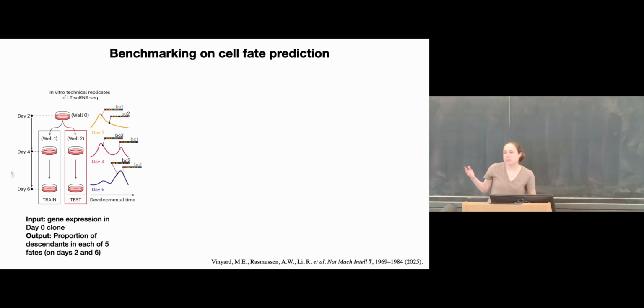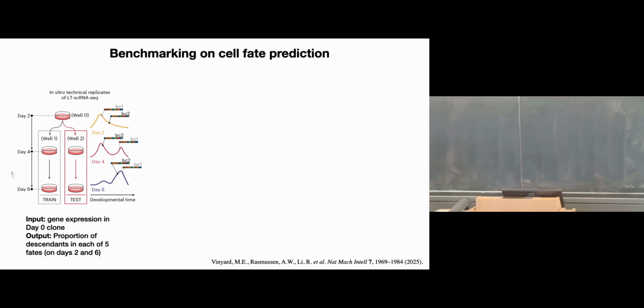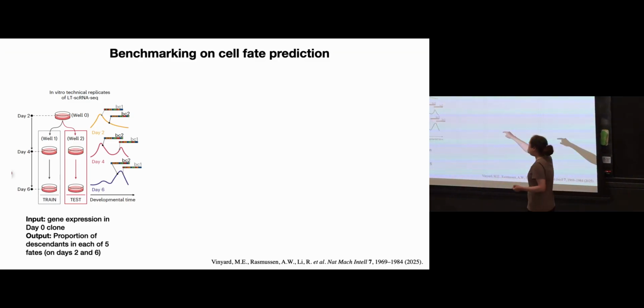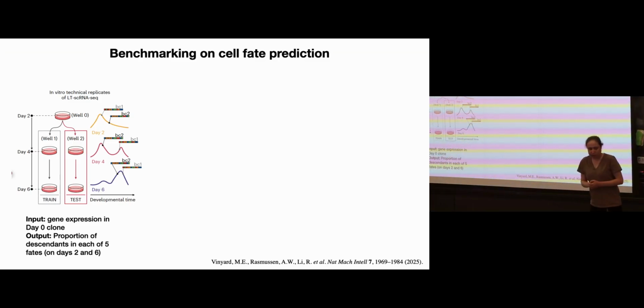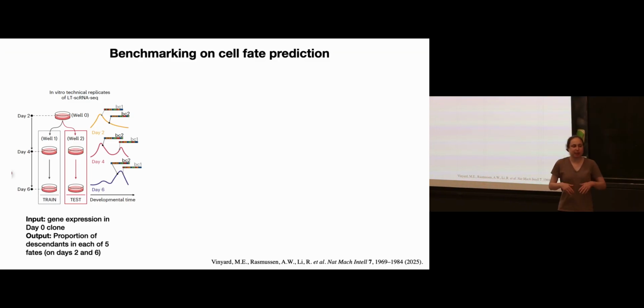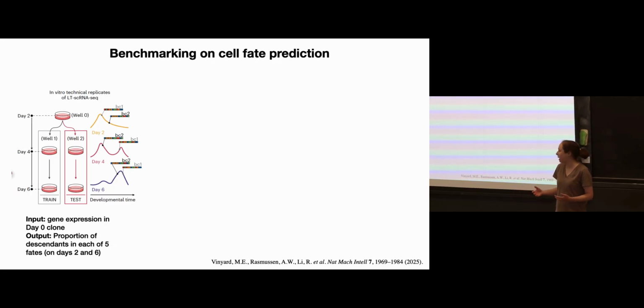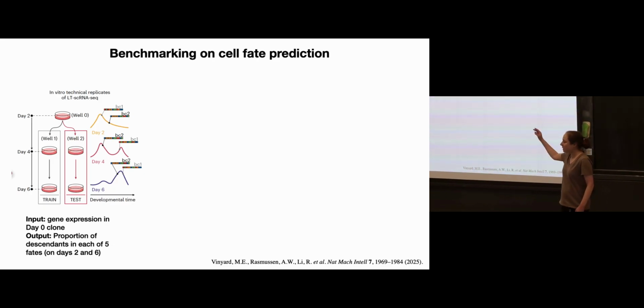So what is the input, right? The input is a gene expression state at day 0 in that top well that corresponds to a particular barcode. And then in days 4 and 6, people will call what type of cell exists in the population of clones that descended from that barcode, right?